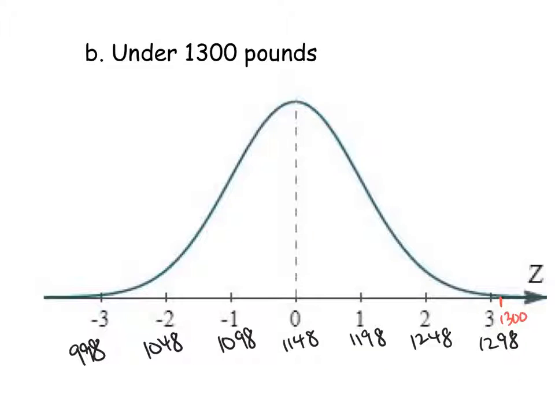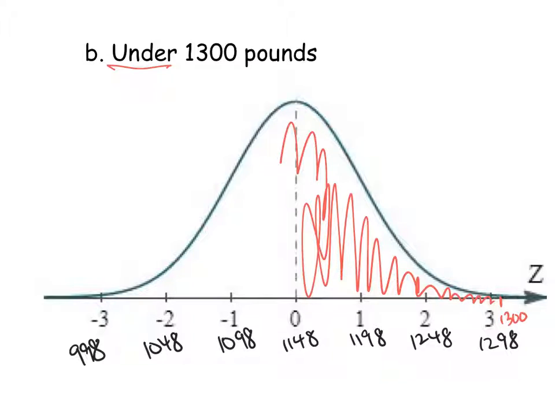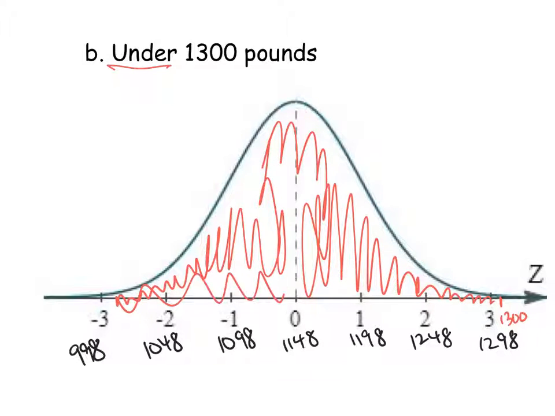And again, I'm going to shade the area underneath the curve that represents us. Since I'm going under 1,300 pounds, that's the area to the left. So I'm going to shade all of this, and that's what I'm finding. So again, I'm going to convert this to a z-score.